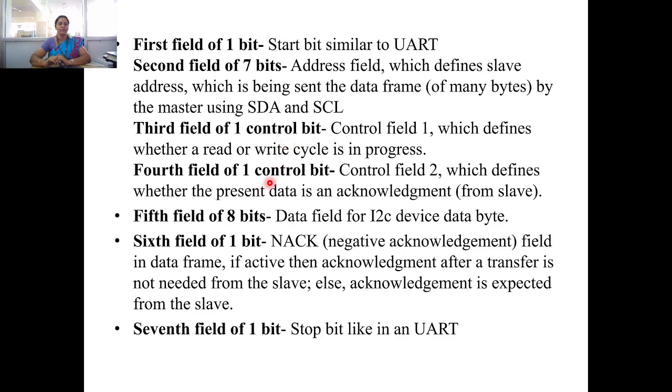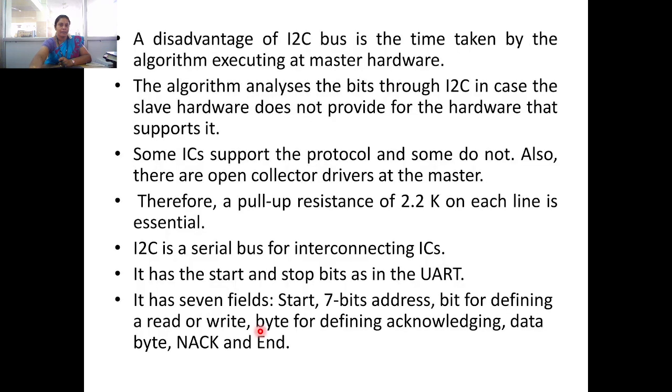The fourth one is the acknowledgement signal, which tells whether we are receiving or not receiving, and we have to confirm the acknowledgement signal. The fifth one is the data byte, and the sixth one is the acknowledgement or negative acknowledgement, activated or deactivated. And the seventh one is stopping all the functions.